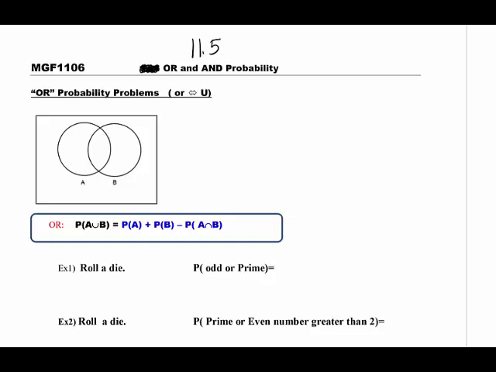So if I say probability of A or B, probability of A is everything in this circle, plus probability of B is anything in this circle.